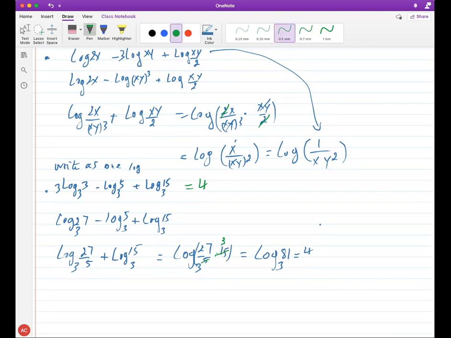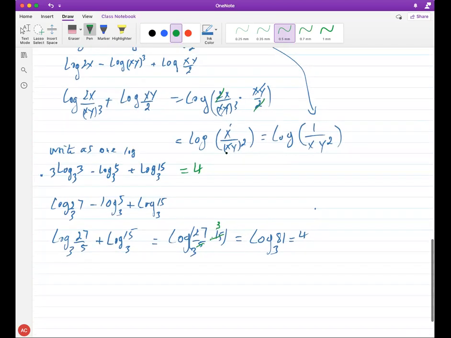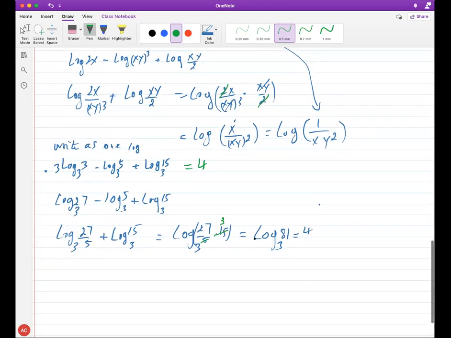I sometimes forget how to read the log. Remember that it's 3 to the 4th power equals 81. So that's the only thing, I have to remember how to read it. Once I remember how to read it, then just turn it into a power.